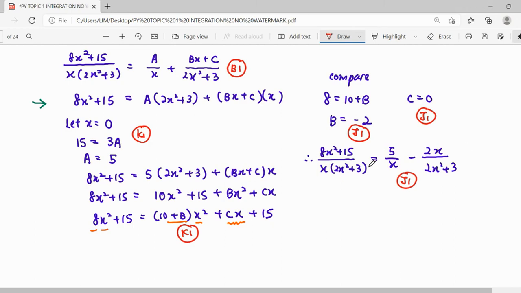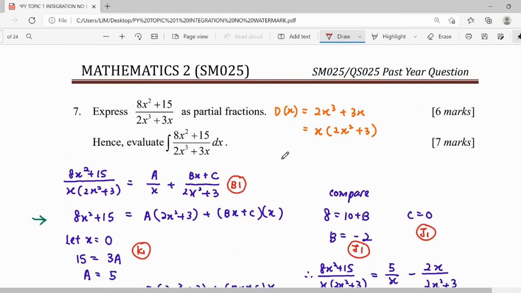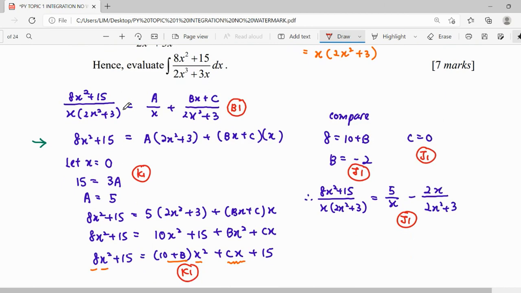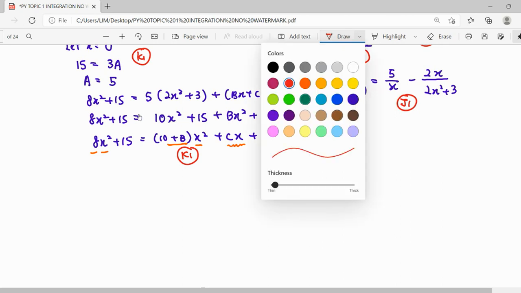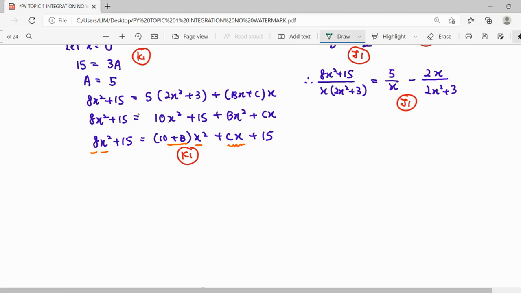After we get our partial fraction, they say hence. You see, the question says hence, which means we have to use our result to find this integration. So this fraction we are going to substitute with its partial fractions so that we can integrate this question.